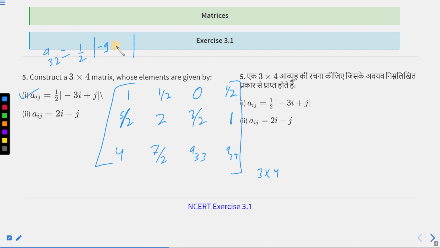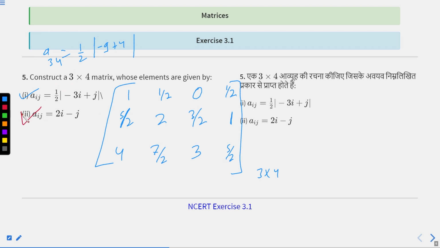Now A33, you will have minus 9 plus 3, so minus 6, which means 6 by 2, which is 3. Now A34 will be 4, so this will be 5 by 2. I hope that this matrix is very clear to you.